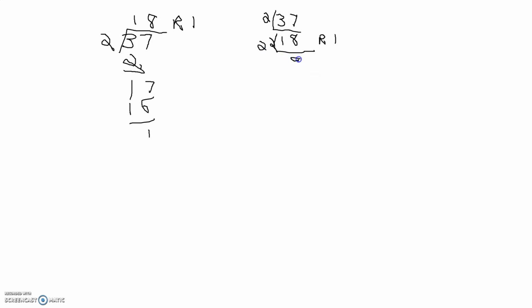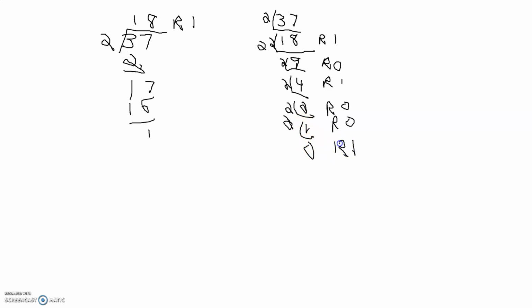So 2 goes into 18 9 times, and there's no remainder. 2 goes into 9 4 times, and the remainder is 1. 2 goes into 4 2 times, and there's no remainder. 2 goes into 2 1 time, and there's no remainder. 2 goes into 1 0 times, and the remainder is 1.